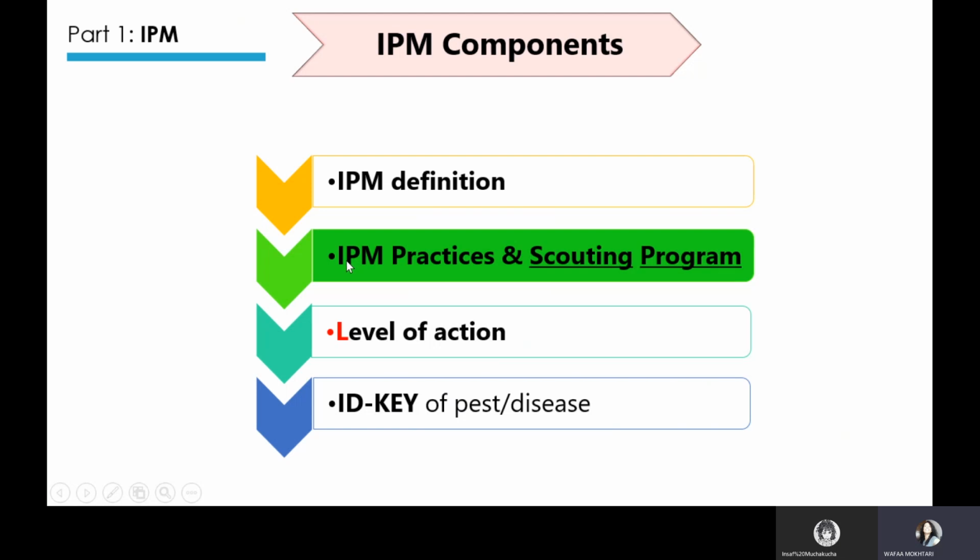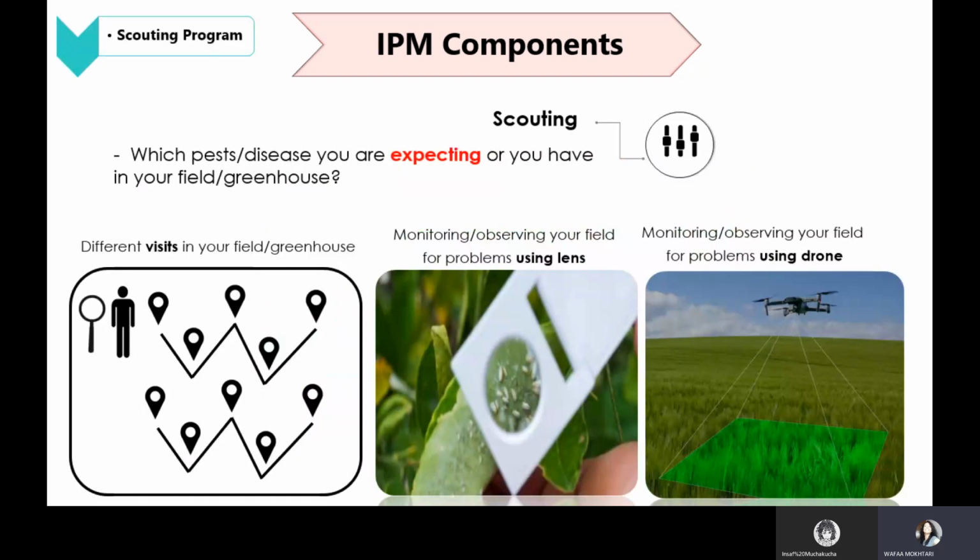So we have seen all about IPM practices. So let's see about the scouting program. Before doing any practices of IPM, we need to know the scouting program. We need to do some visits, some surveillance in the field or in the area of plantation.